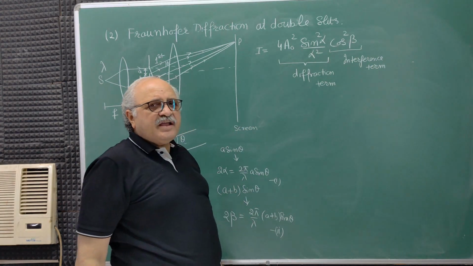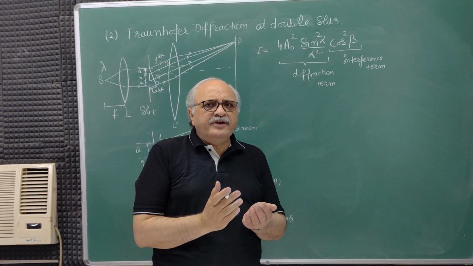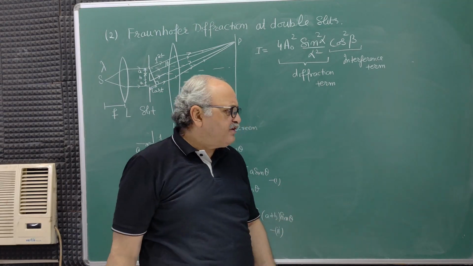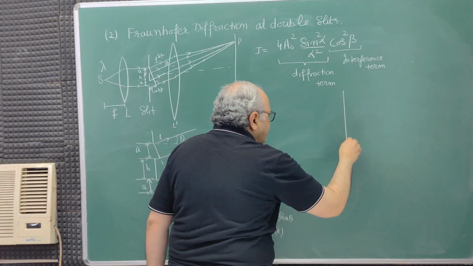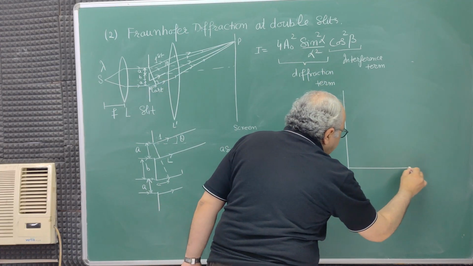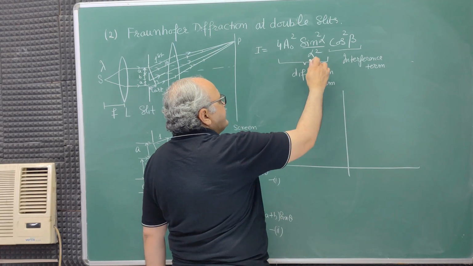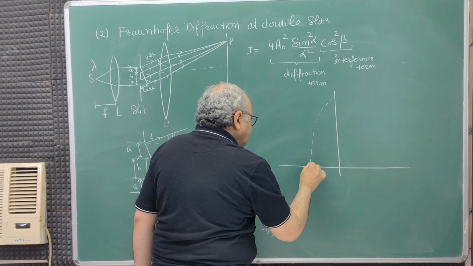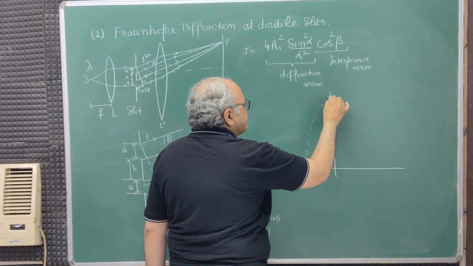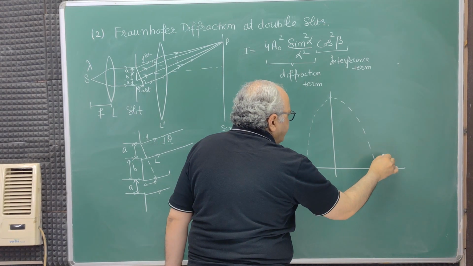So the intensity contribution can be split into 2 parts just for the sake of convenience, and we get the intensity pattern something like this. The diffraction pattern will make an envelope in a similar way as we have seen in the single slit arrangement.